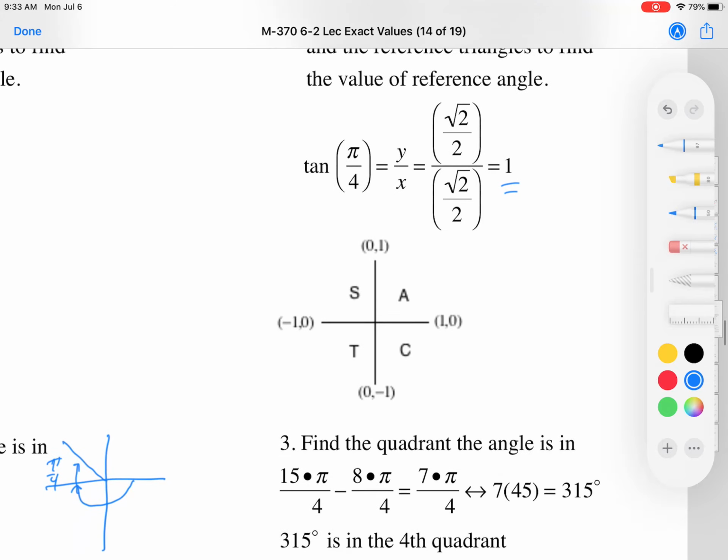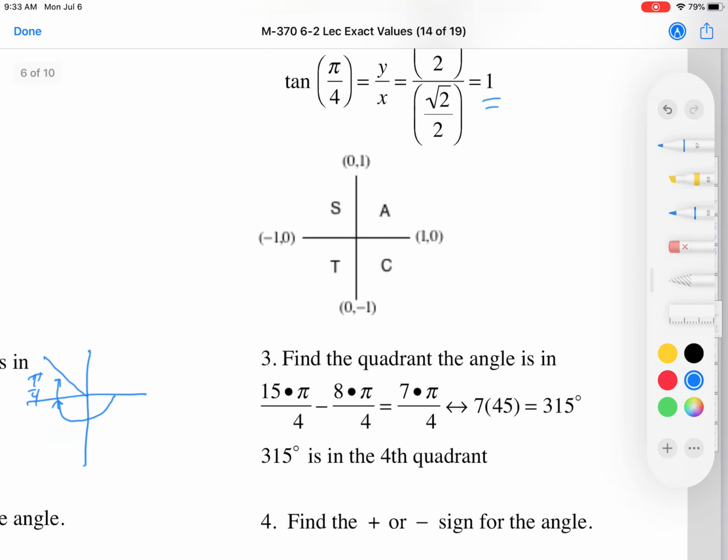Let's see where we are. So he goes through and figures out that he's at 315 degrees and claims that he's in the fourth quadrant. I agree with that. So if I were to figure it out, I would say 15 pi over 4 is really close to 16 pi over 4. If you look at 16 pi over 4, that's 4 pi. That's right here.